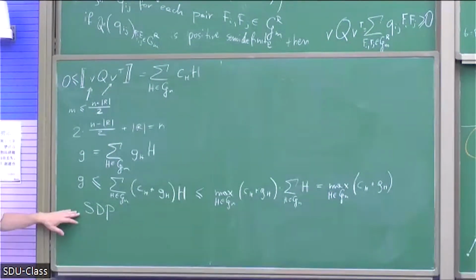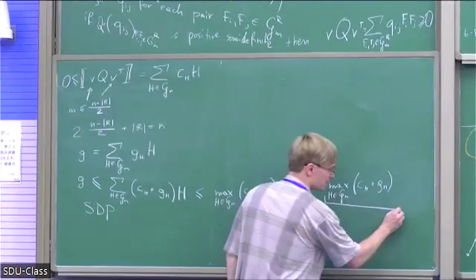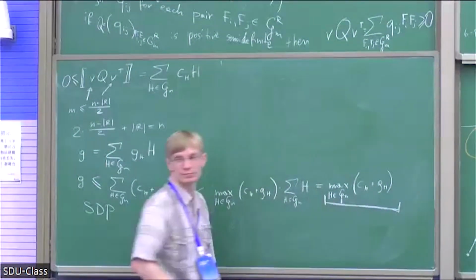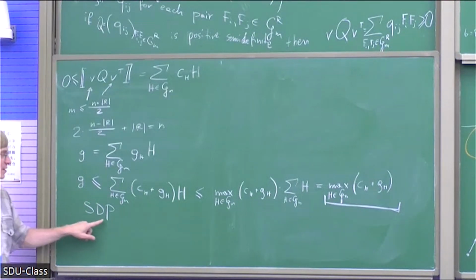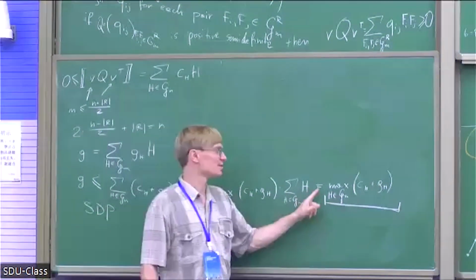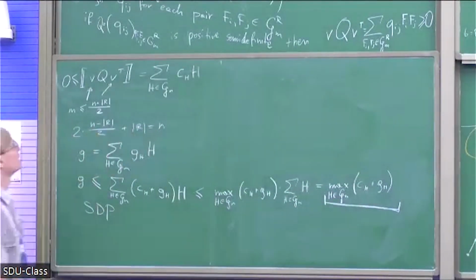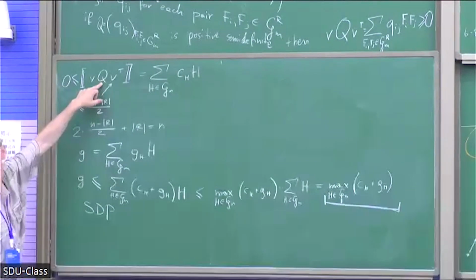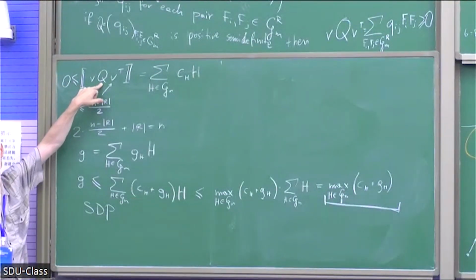So I can ask the computer, this numerical method, to find the best bound, which means minimize this expression. I want to find the smallest possible upper bound. So in my SDP, I write: minimize this expression under the condition that the matrix Q, which is giving me those coefficients CH, is positive semi-definite.